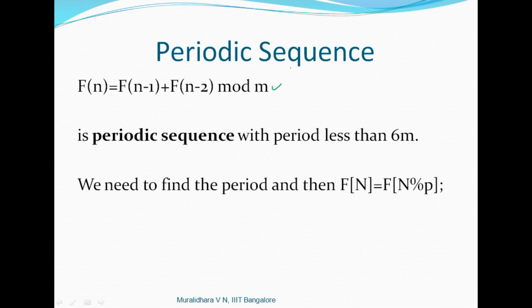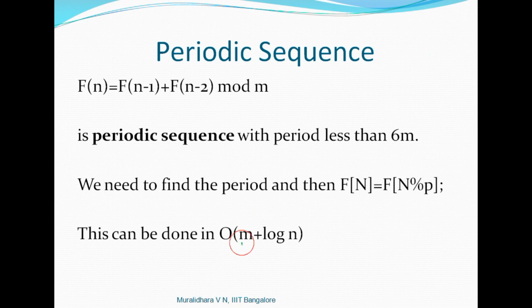If that condition is satisfied, I break out of the loop. I found my period. Once you have the period, for any larger value of n, f of n will be f of n mod p.